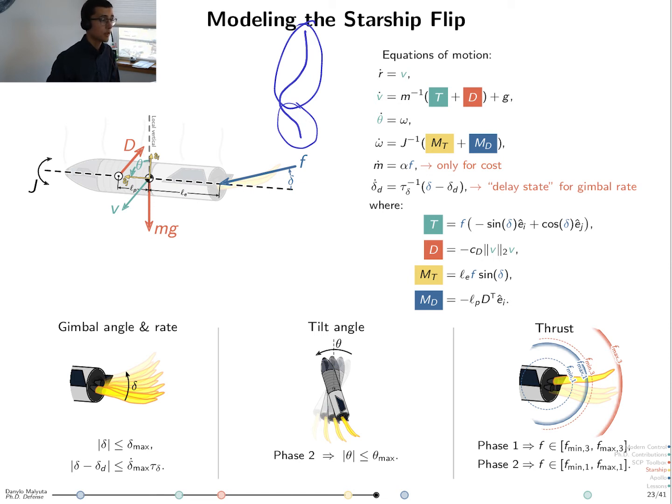An interesting aspect of this problem is that in the first phase of the flip maneuver, it uses 3 engines to do the flip, and then it has to switch to 1 engine, at least in some of the past landings. So the optimization will actually decide for us when to do this switch from 3 to 1 engine.